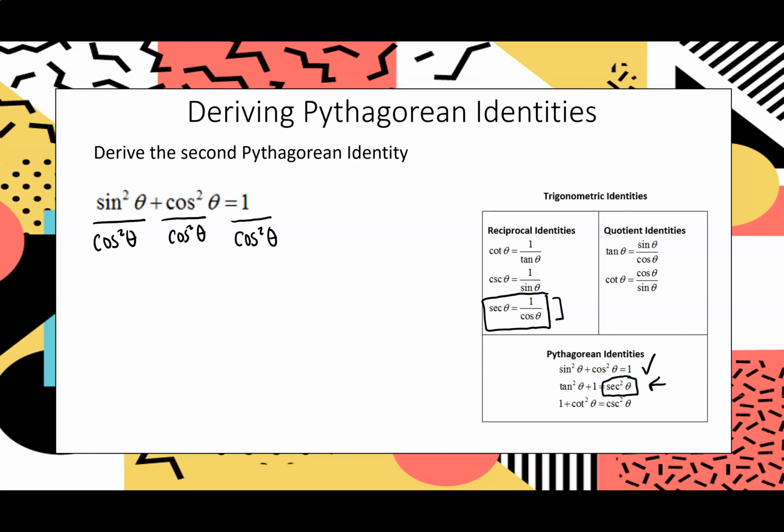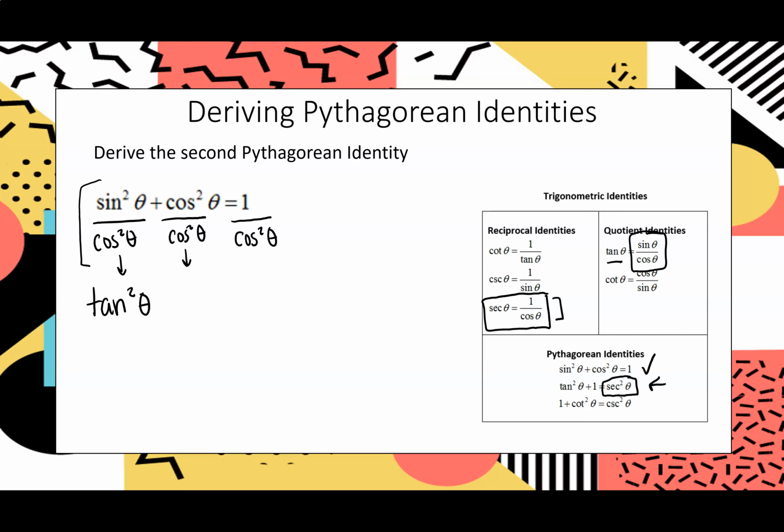Now, what is sine over cosine? Sine over cosine is tan. But here I've got sine squared over cosine squared, and so that's going to give me a tangent squared theta. All right, so that simplified that. Now let's simplify cosine squared over cosine squared.